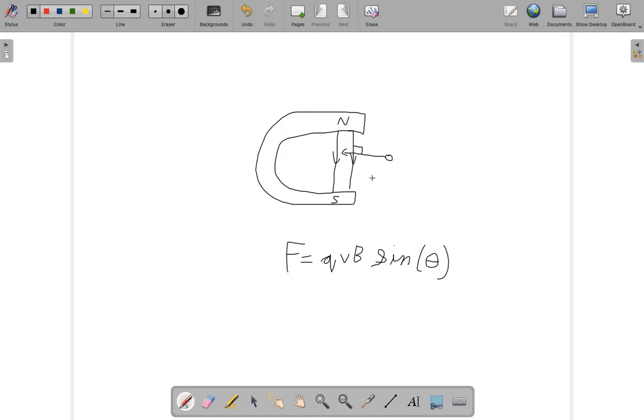Or let's say if the electron was coming in like this, then this angle over here, theta, is what would determine the force experienced by the electron. So clearly the electron faces the maximum force as it goes perpendicular to the flux lines.